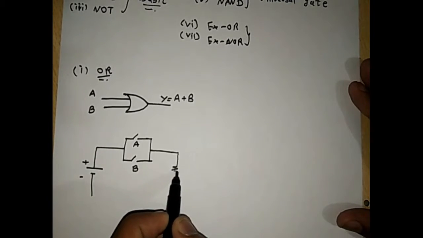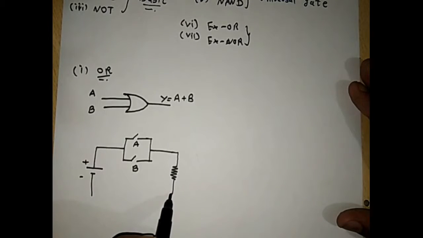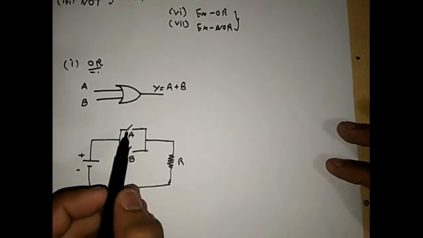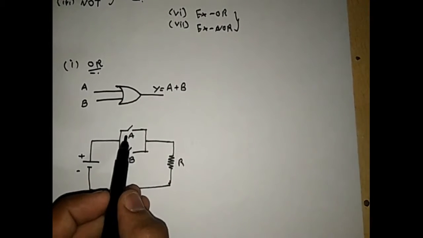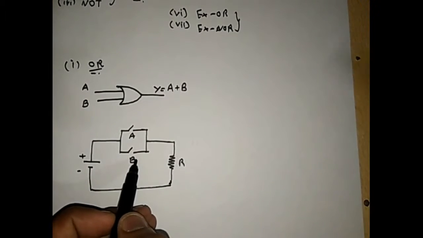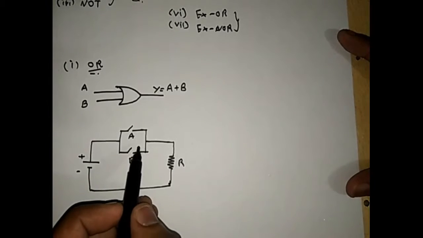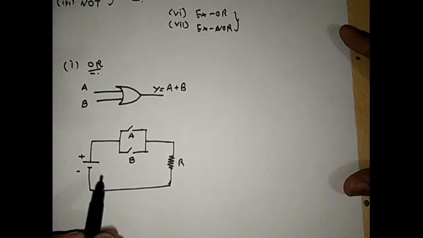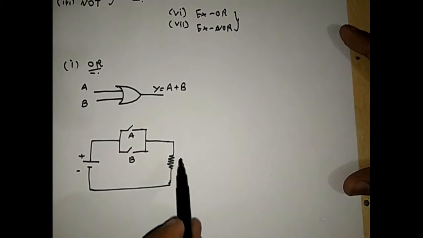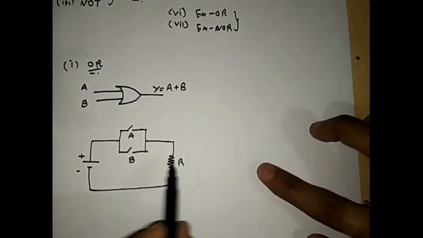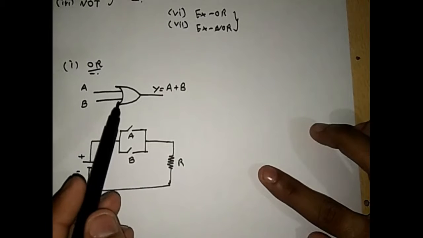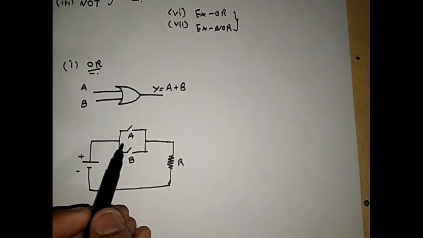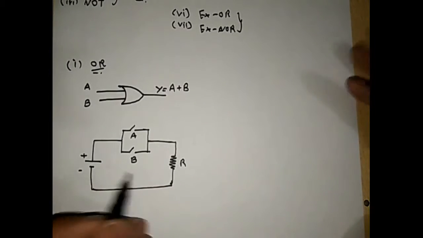Then we have a lamp load, called R, connected here. If any one switch, either A or B, is activated, it means that switch is closed, then the current will flow and we will get the output 1. So that means this OR gate will act as parallelly connected switches. If any one input is high, then the output will be high.